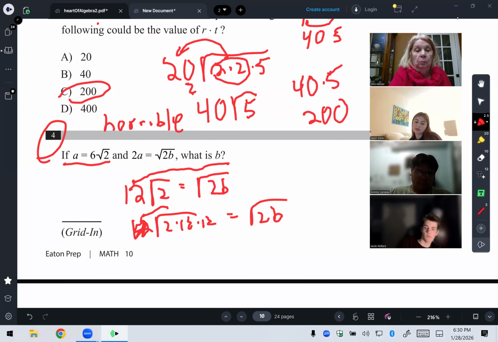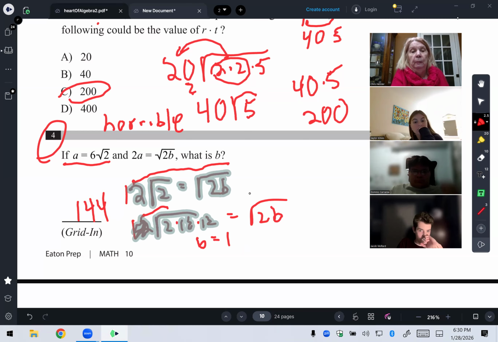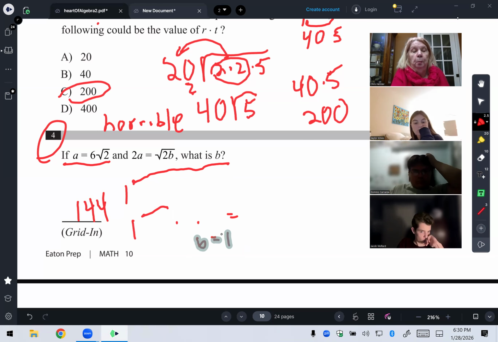I actually don't like doing it this way. So B has to be 144. That's when you sing My Cheating Heart and you put the 12 back under the radical. If you can pull things out from the radical, you have to be able to put them back in, which is her approach. I just like squaring both sides, which is probably more how many of you were taught how to do this. So we'll get out of the divorce court.